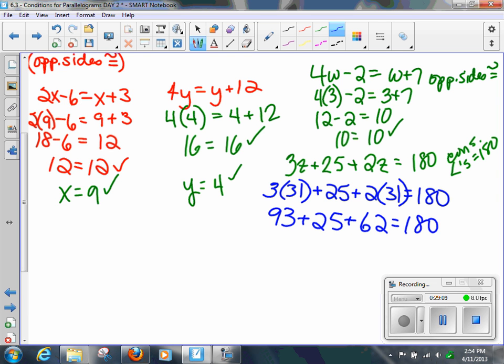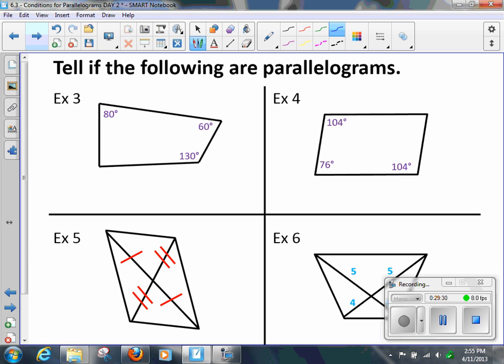What's 93 plus 25 plus 62? 118 plus 62 is 180. So they do equal 180. Is Z 31? Yes. Is this a parallelogram? Yes. It says tell if the following are parallelograms.